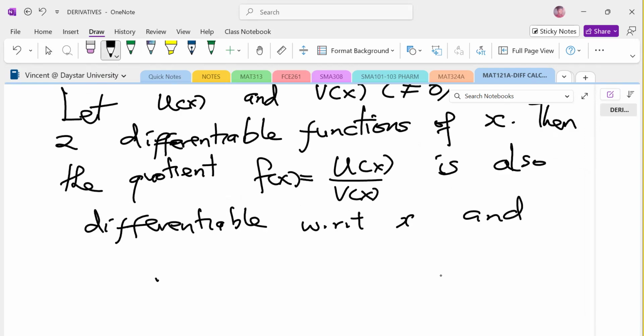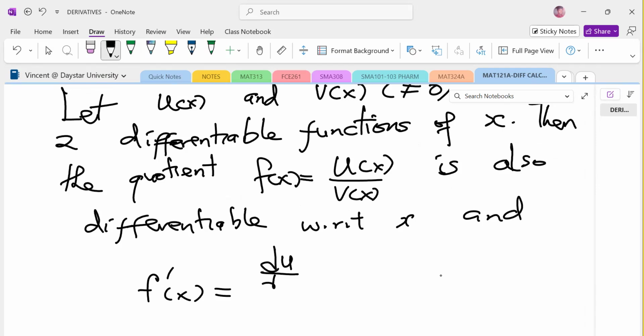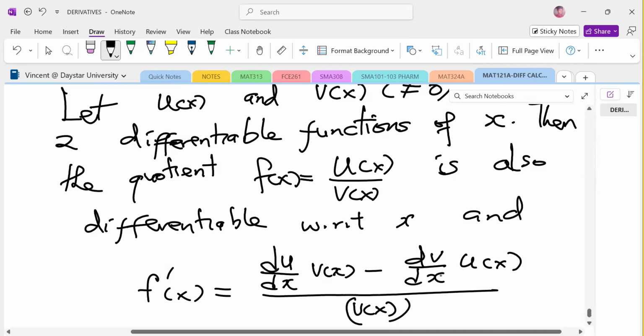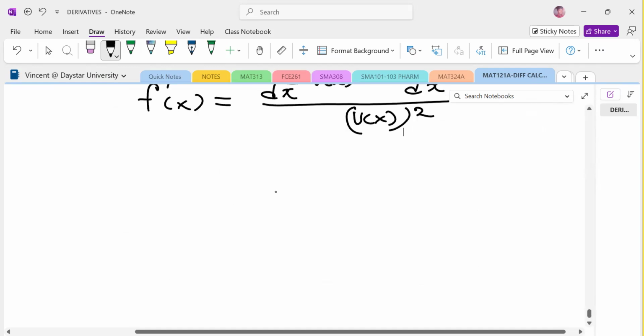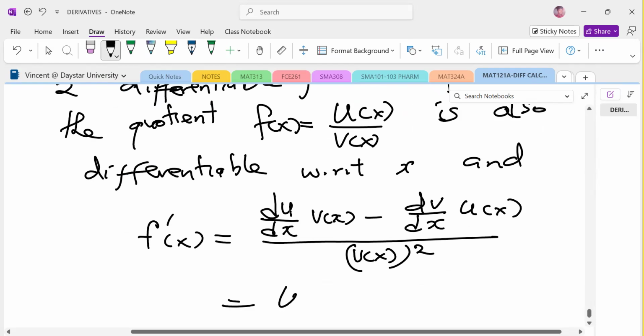And we have f prime, or the so-called dy dx, is du dx times v minus dv dx times u, divided by v of x squared. Which you can write in simple terms as u prime v minus v prime u divided by v squared.